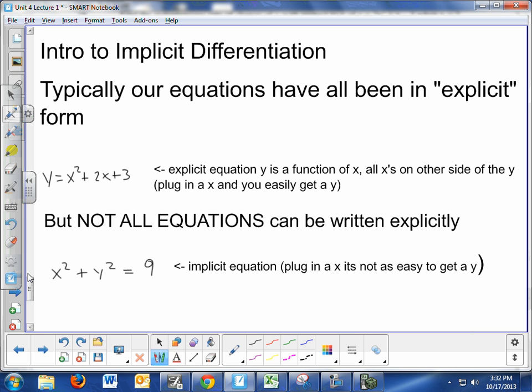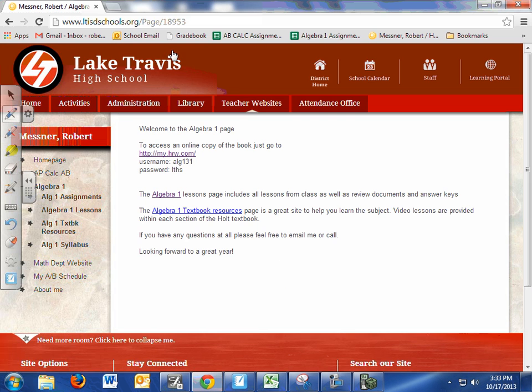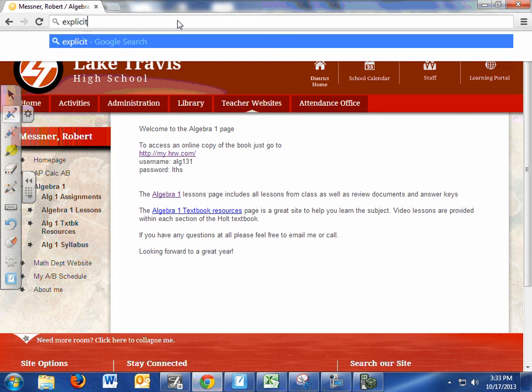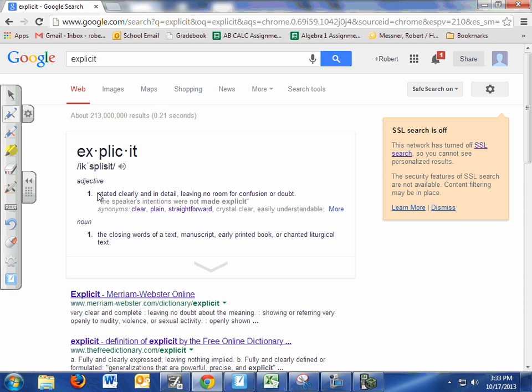All right. So typically our equations have been in explicit form. Explicit equation: y is a function of x. Explicit means stuff is stated clearly. It's easy to work with. I can look up the definition of explicit. It says stated clearly and in detail.